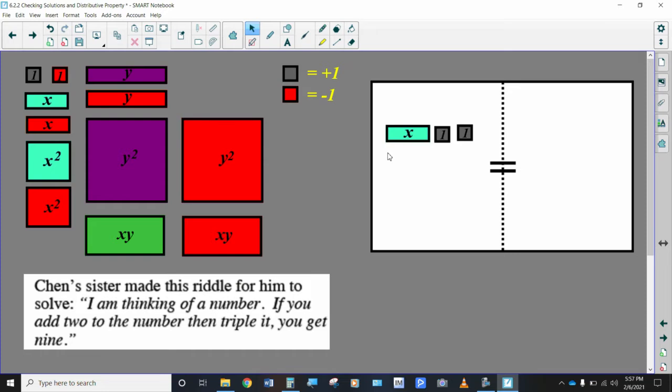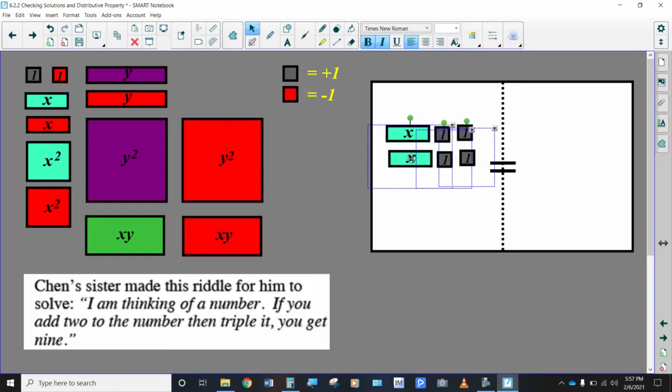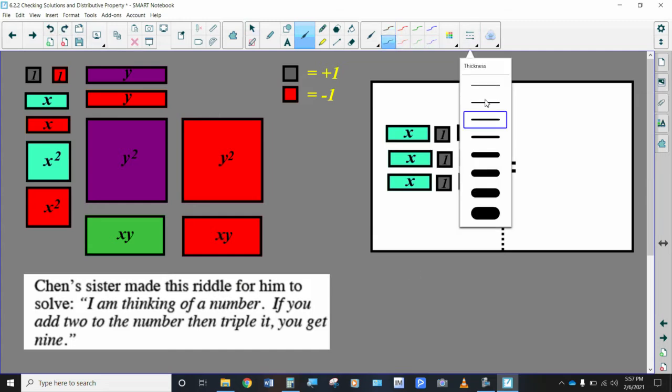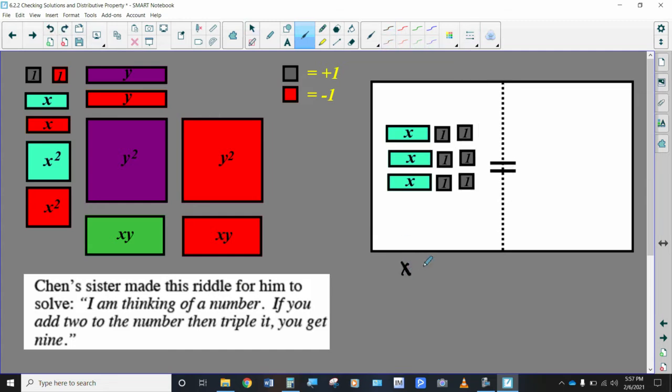Okay, well, this is interesting. So we're going to triple it now, which means I'm going to have 3 x's and 3 2's. So this is interesting. It told you to add 2 to a number before tripling it, which means that if you're going to write this expression, you started off with x plus 2, but then you tripled it.